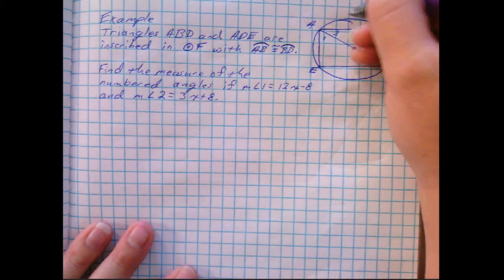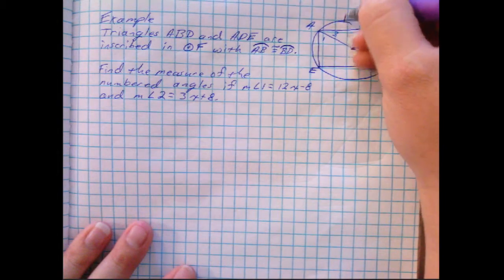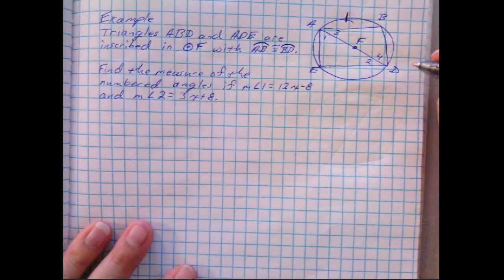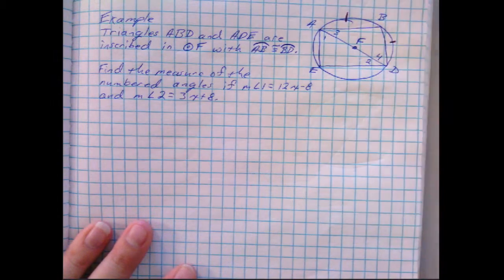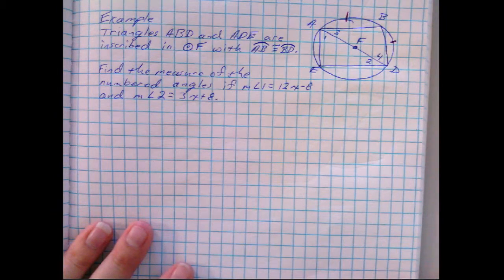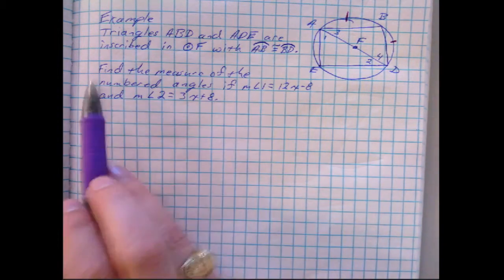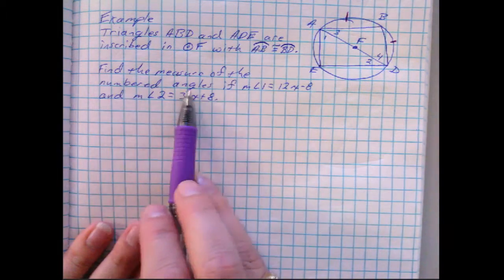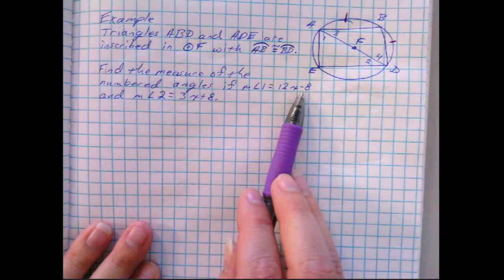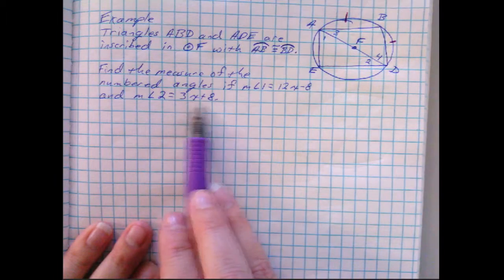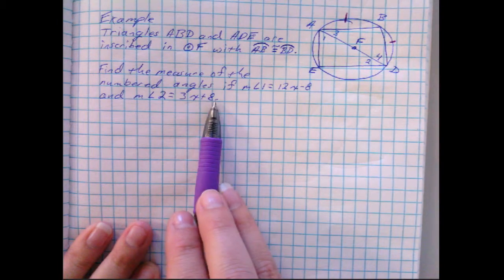Okay, so this arc AB is congruent to arc BD. Alright, so then it says find the measure of the numbered angles if the measure of angle 1 is 12x minus 8 and angle 2 is 3x plus 8.